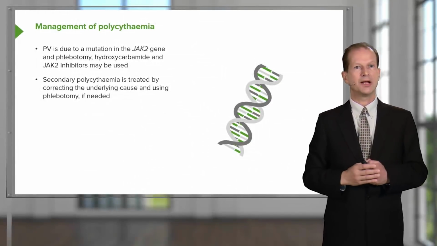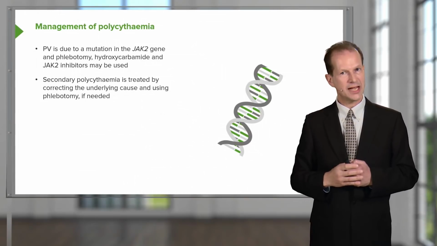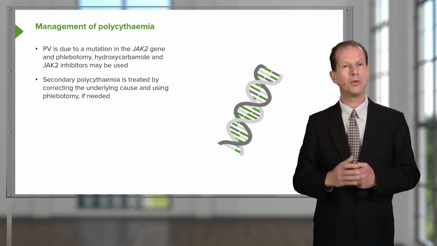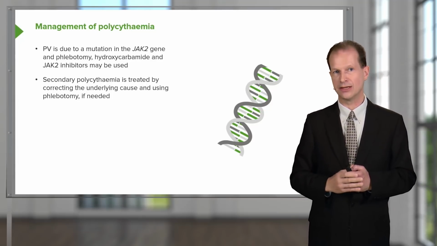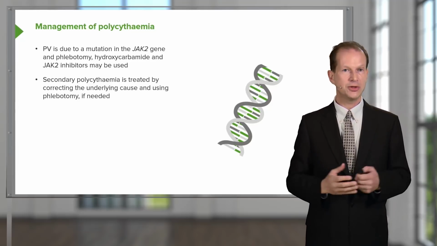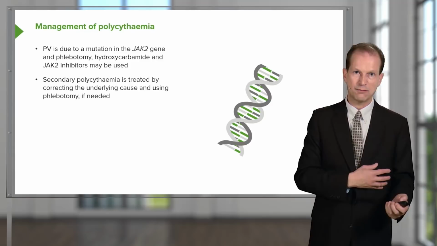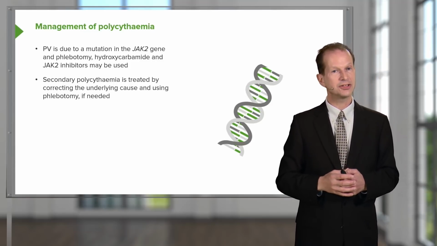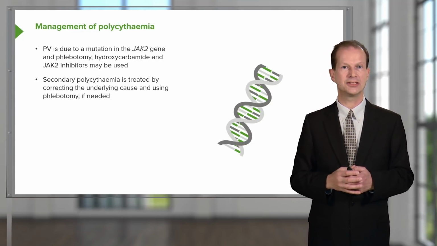Now, management of polycythemia vera depends on the genetic abnormality of this disorder, which we now understand. Almost every patient has a mutation in the JAK2 gene, and we can use this to introduce new treatments. As well as taking off blood or using drugs such as hydroxycarbamide, JAK2 inhibitors, which are oral tablets, are now being used in this disorder.